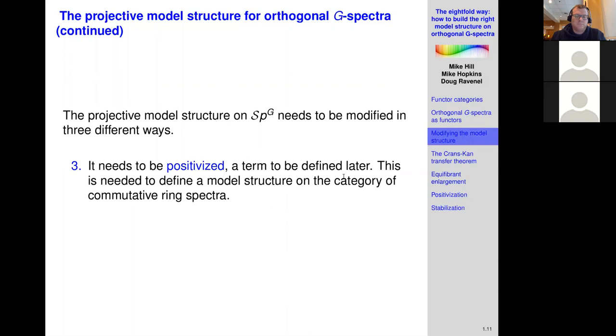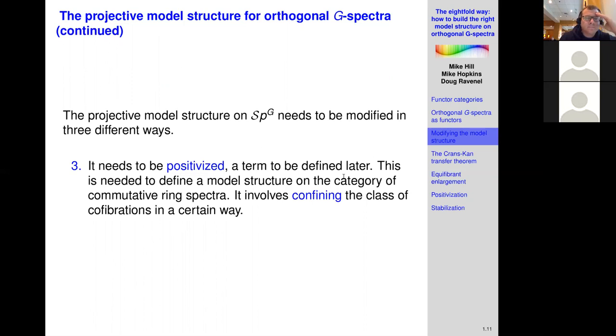It turns out that we need to do this if we want to get a reasonable model structure on the category of commutative ring spectra, which is sitting inside the category of all spectra. And in order to make this work, we need to make the class of cofibrations a little smaller than it was before. So I'm going to call this confining the class of cofibrations. I'll get to this later.